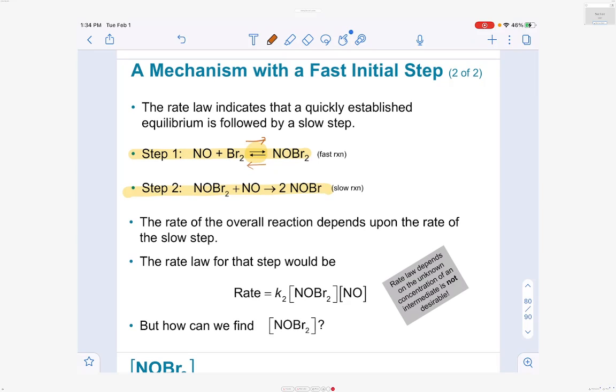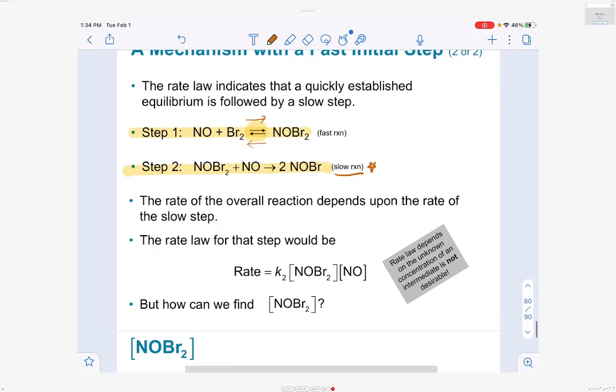Since we were already given the information that step two is a slow step, this is going to be the rate determining step. And we know that the rate of the overall reaction is governed by this slow step two. So if we write the rate law in terms of step two, we can write this.